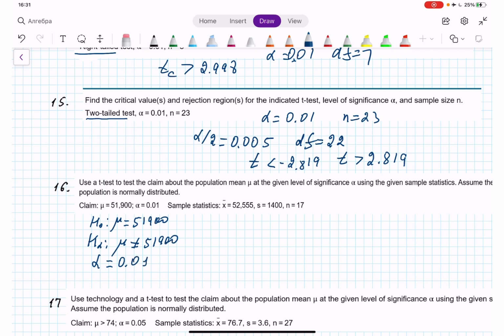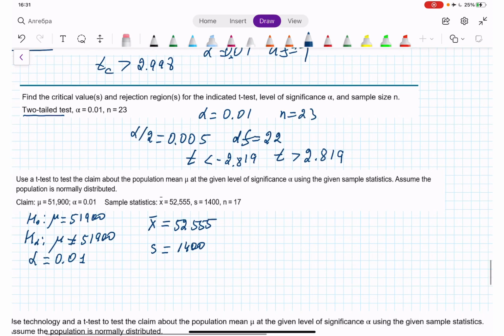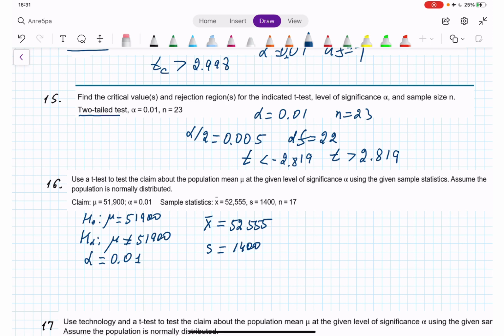Sample statistics, x bar, that's average of the sample, 52,555. S is a standard deviation of the sample. Remember, a standard deviation of the population is sigma, but for sample is S. And N, sample size, is equal 17.